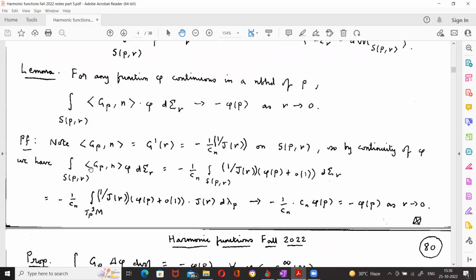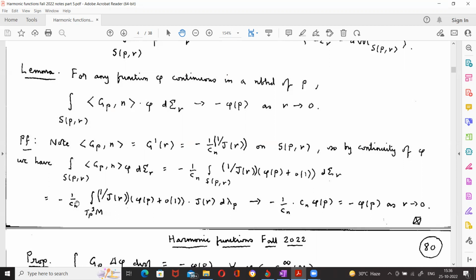So we get that this integral is minus 1 over C_n times 1 over J(r) times, since φ is continuous, I can write φ on this small sphere as φ(p) plus something which is little o of 1. And then I use the change of variables. This integral over the geodesic sphere becomes an integral over the unit tangent sphere. I have to multiply by the Jacobian of the change of variables, which is just J(r) dλ_P. So this 1 over J(r) cancels with this J(r).